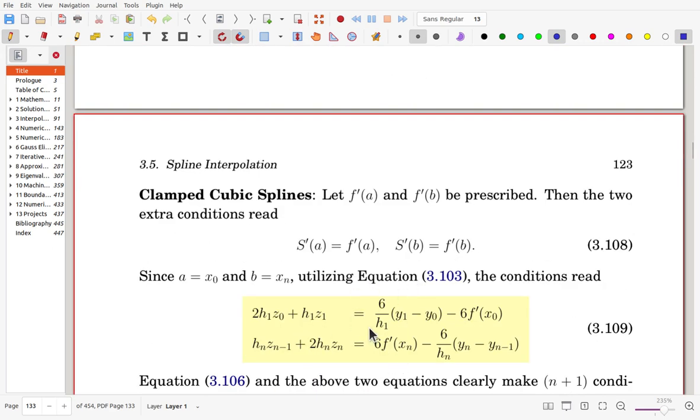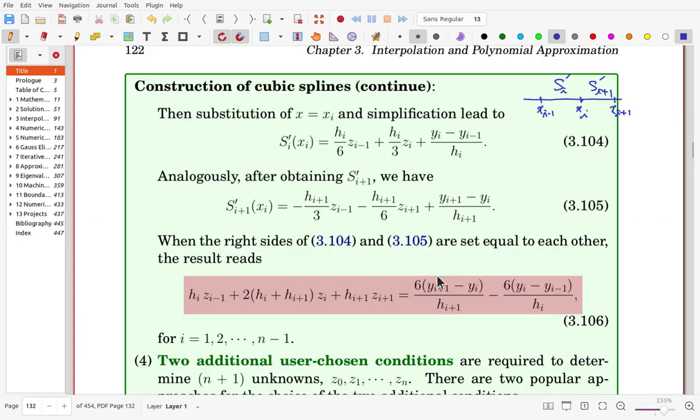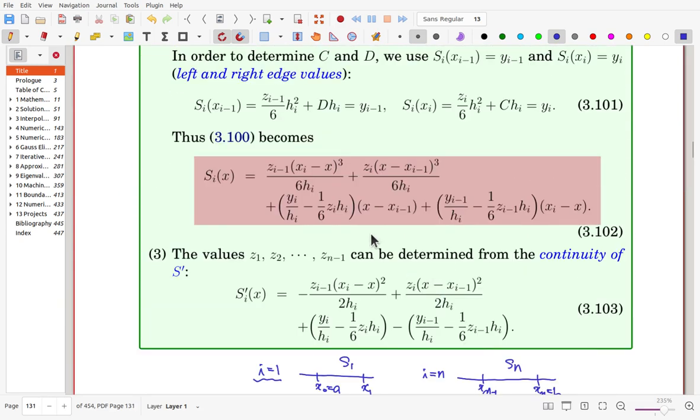The right side values are known, and these are combinations of z values, extra two equations. So by using these n plus 1 equations, you can get n plus 1 unknowns of z values. Using the values, again, you can finalize the formula here.